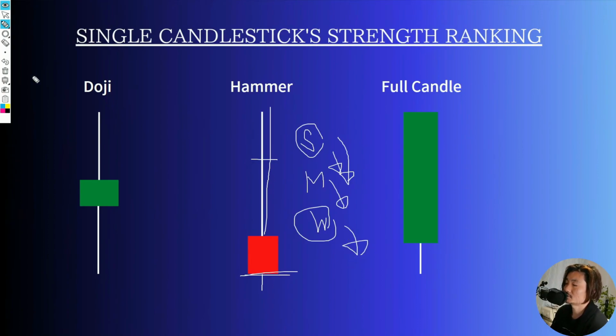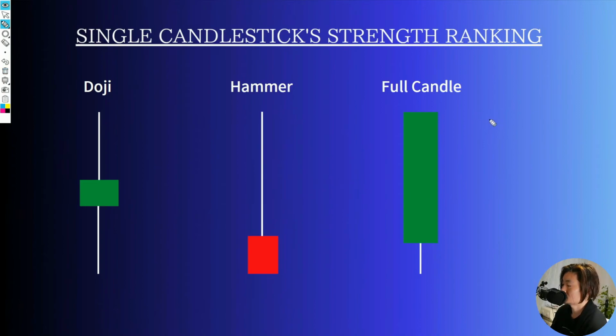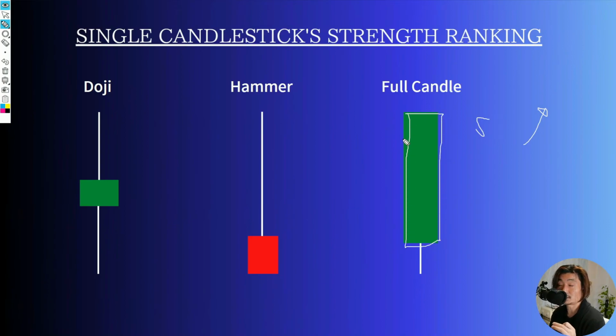Okay, so now let's go on to the full candle. All right, so a strong full candle that shows future long strength in this case is a huge body. Now, what I mean by huge is that we really just have to compare it to prior candles. So if a body of a full candle is obviously larger than other candles prior, well, that will fit the criteria.